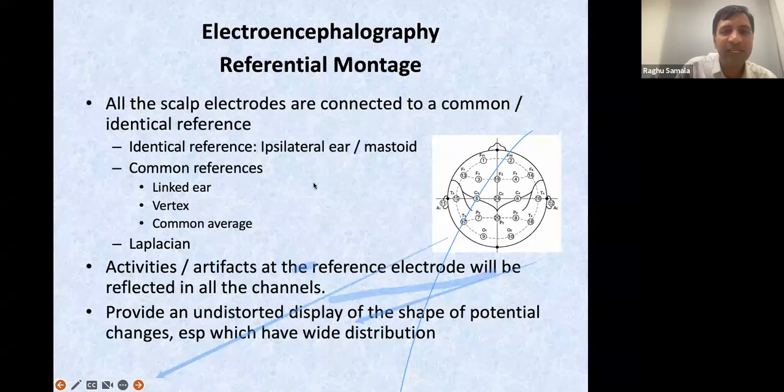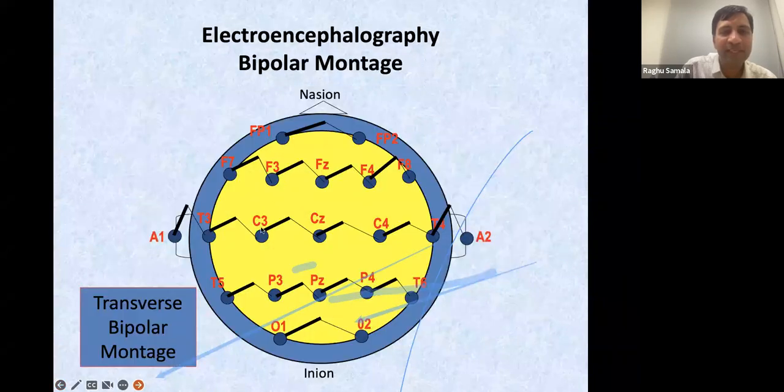F7, FZ, FP1, and C3. At least these electrodes should have that field. If you are seeing the activity only at the F3, not in the surrounding ones, it is likely to be an artifact.